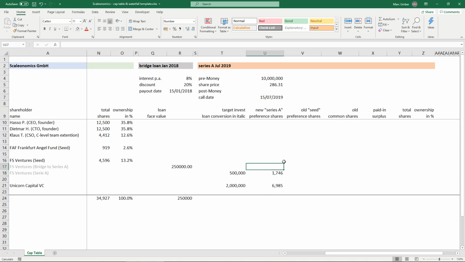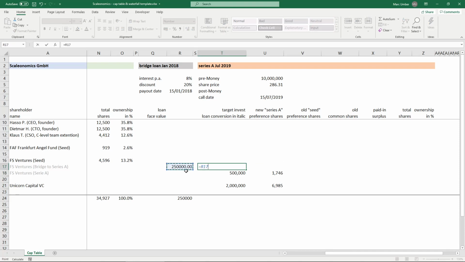Now comes the more interesting part. First, we need to calculate how much interest was accrued. We know that the nominal amount is 250,000 euros times 1 plus the interest rate to the power of the days between call date and payout date divided by 360.